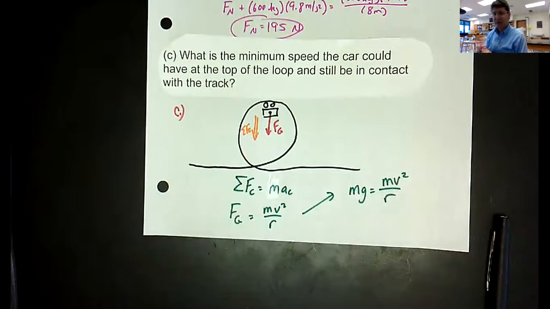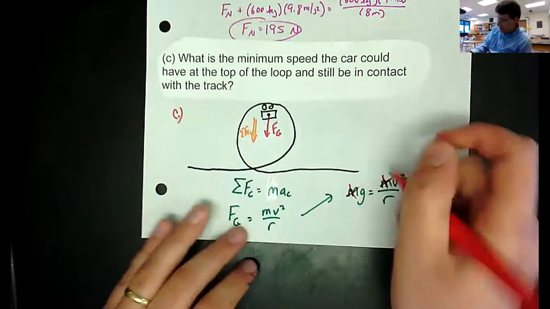Now, algebraically, we have this handy thing happen here where we've got a mass on both sides so they can cancel out.